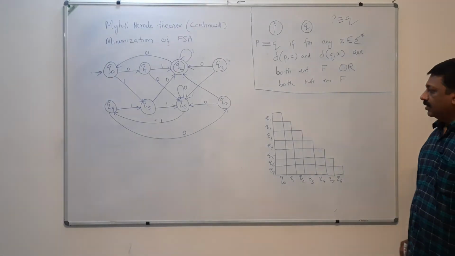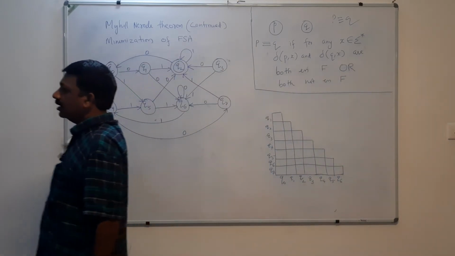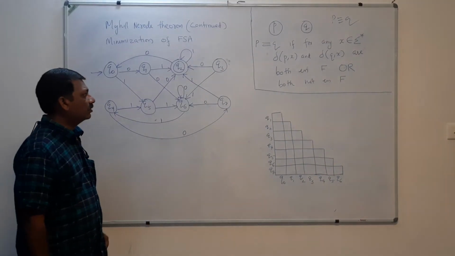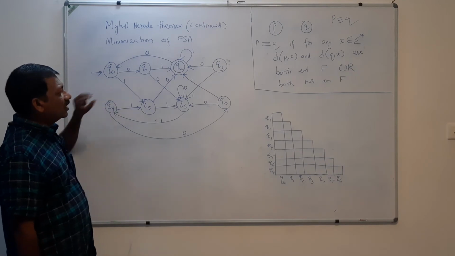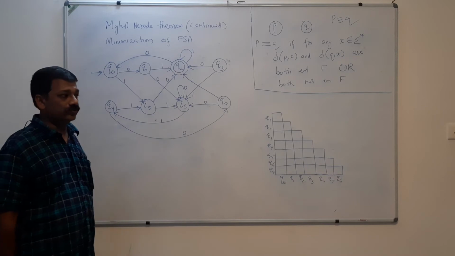Okay. Now for the original automaton, see what the final states are. Here we have only a single final state, Q2.